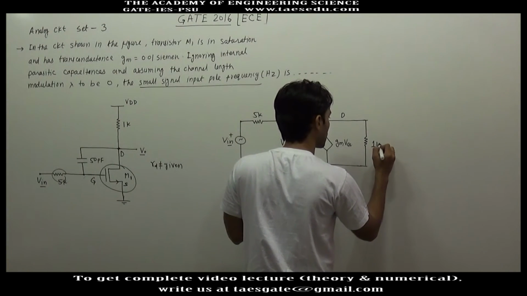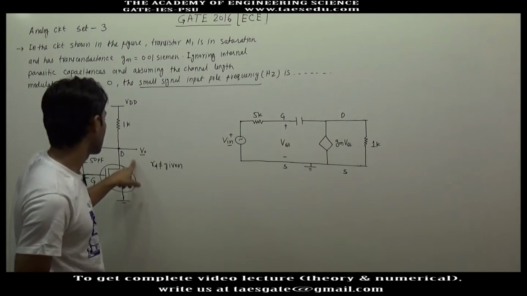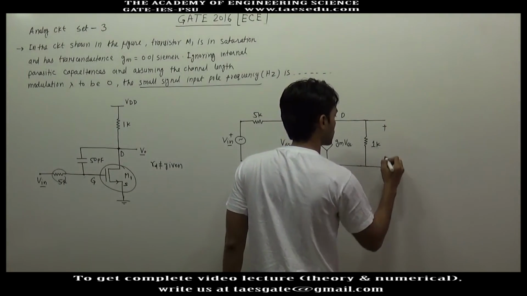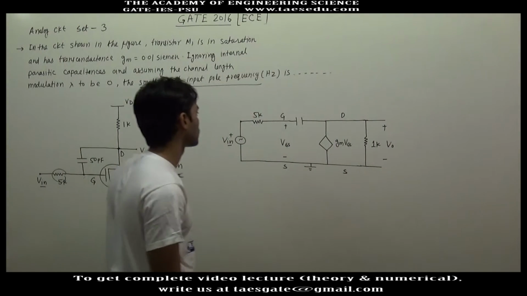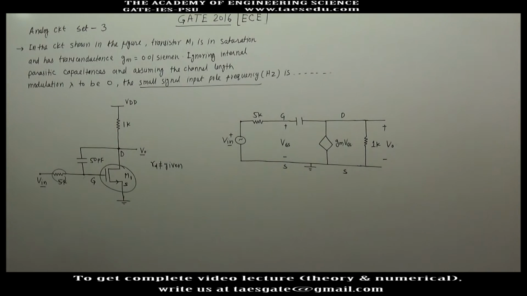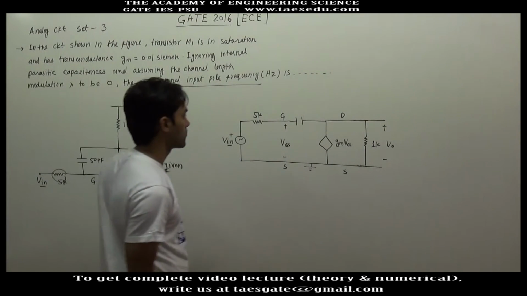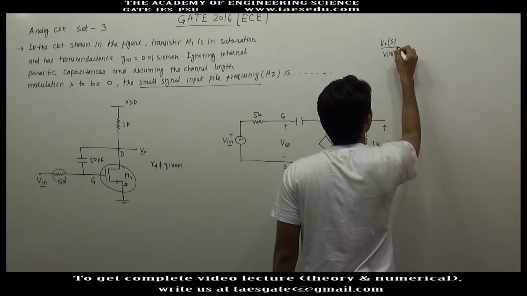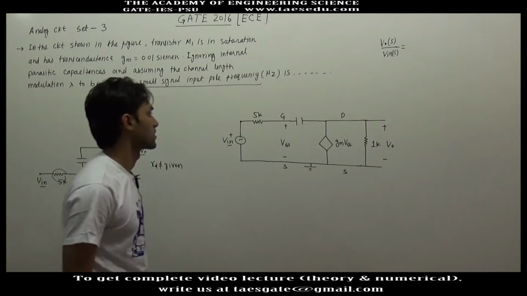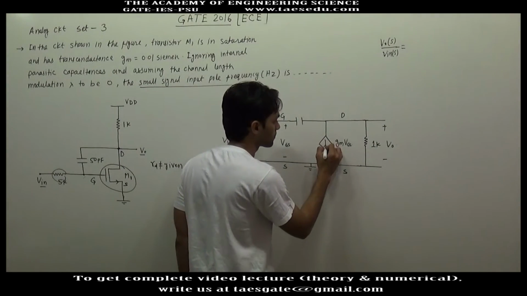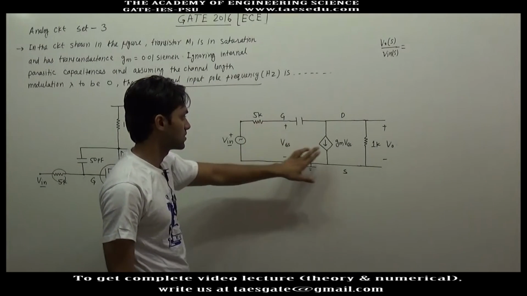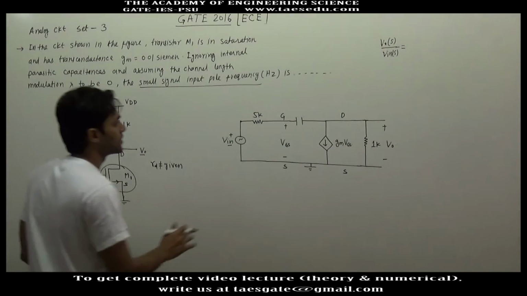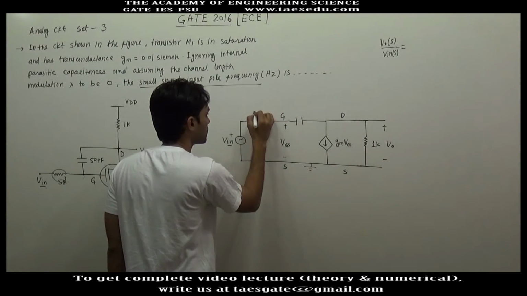Output is taken between D and ground. This will be the output voltage. So we have a circuit diagram, and with its help we have to find out V0 S divided by V input S, the transfer function of this circuit. This is VGS, this is GM into VGS. Let us take this resistance as R1.